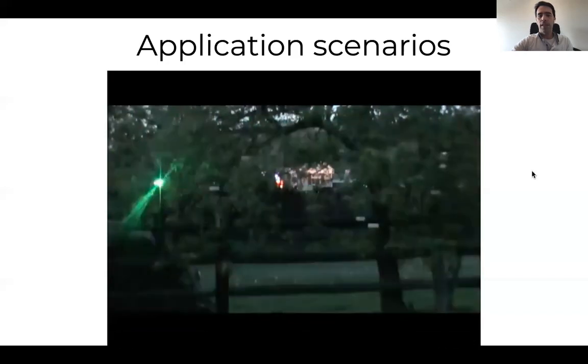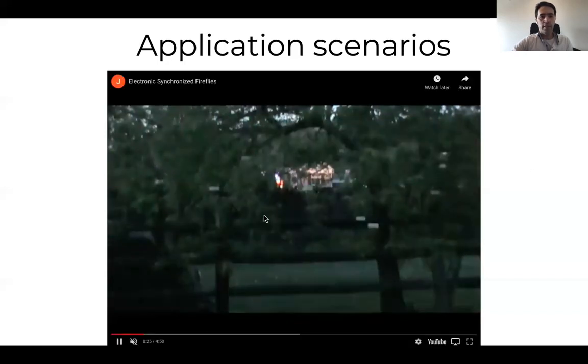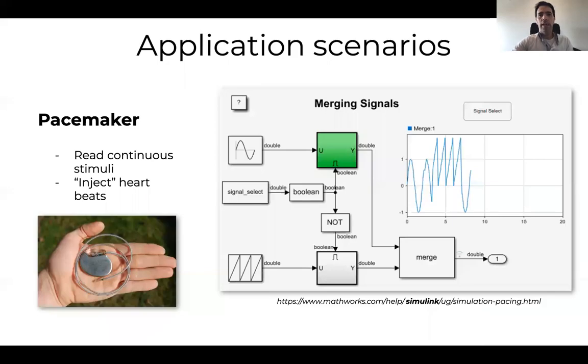And also in the context of the more biological world, there's also the idea of trying to model pacemakers, for example. And this is something that if you go to a tutorial of Simulink, you'll see as well that they explain how to try to model the merging of signals in a pacemaker.